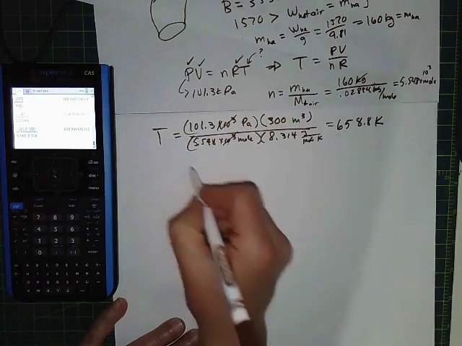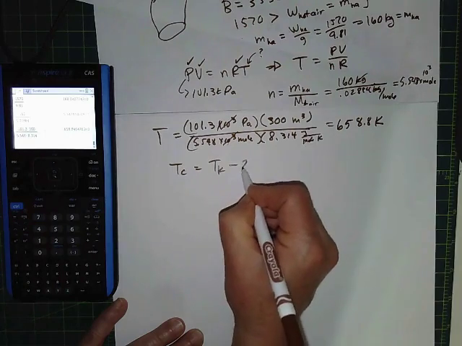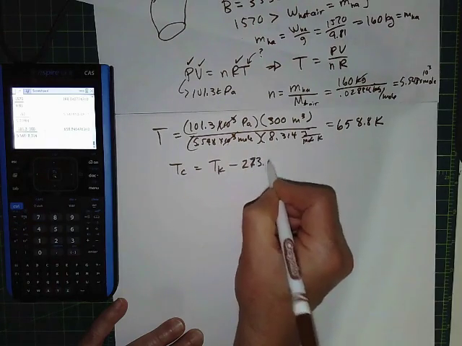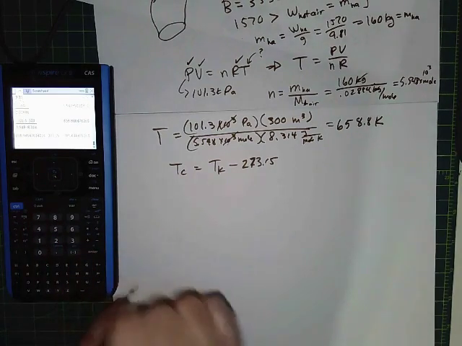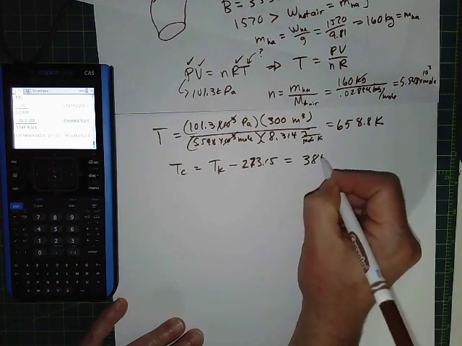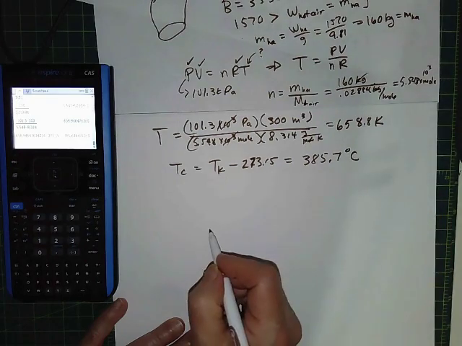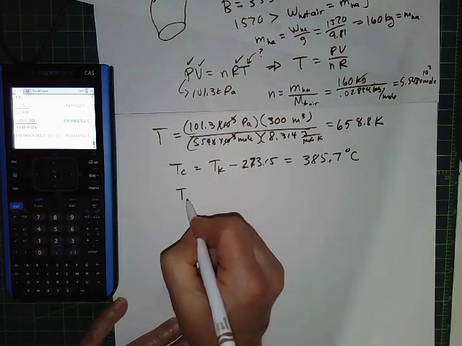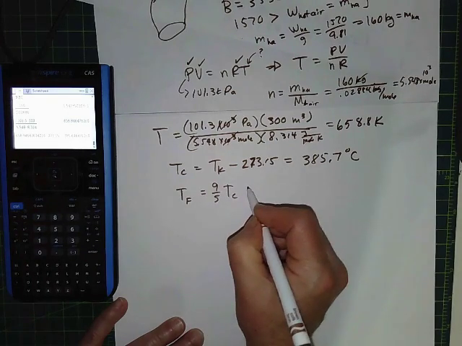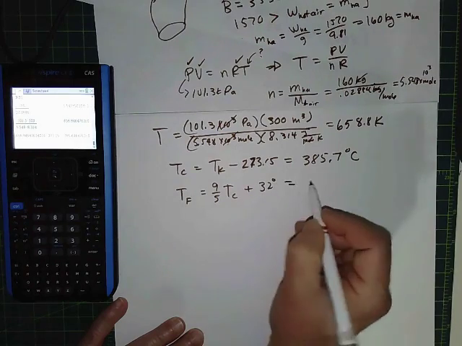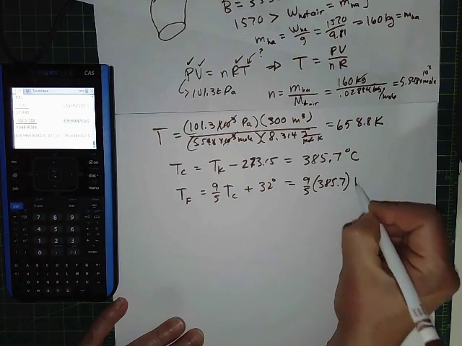To get to Celsius, we take Kelvin minus 273.15. Still a pretty big number, 385.7 degrees Celsius. Let's go all the way to Fahrenheit: 9/5 of Celsius plus 32 degrees. So 9/5 of 385.7 plus 32.